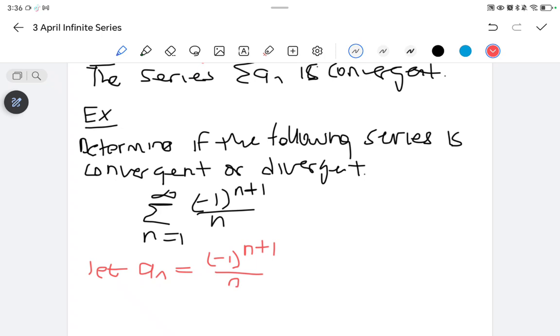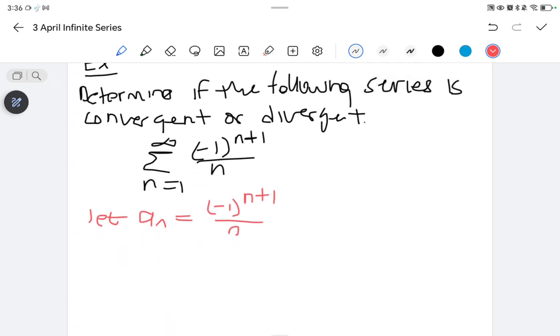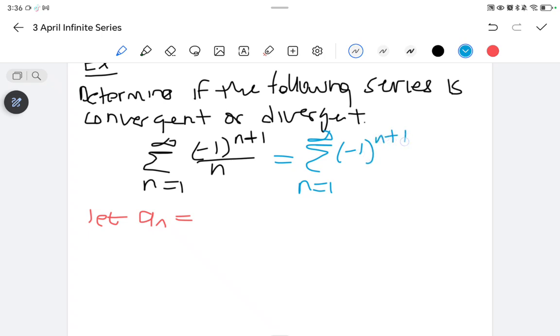So now we can check the limit. Excuse me, I copied that one by mistake. Let me separate it. Yeah, this is our a_n. So a_n is 1 over n, right?